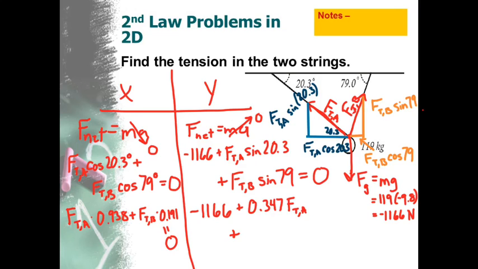Wait a minute. Okay, yeah, never mind, I thought I saw that number before. 0.982 F_T in rope B. All of that equals 0. Okay. So now I have two equations, two unknowns.